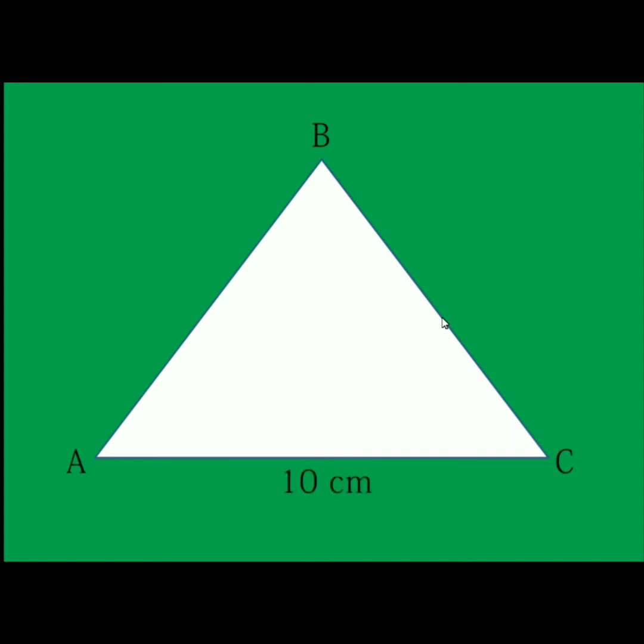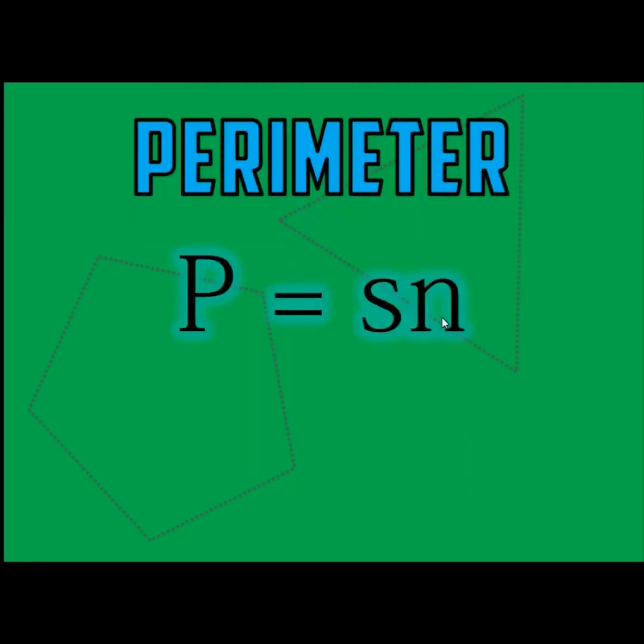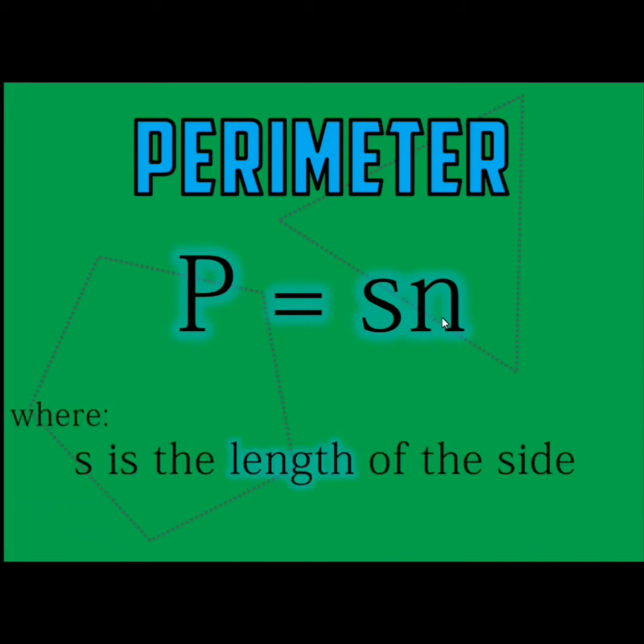From this illustration, we can know that the perimeter of this triangle is 30 centimeters, or just simply multiply the number of sides of the given polygon to the length of its side. P is equal to S times N, where S is the length of the side of the polygon and n is the number of sides.